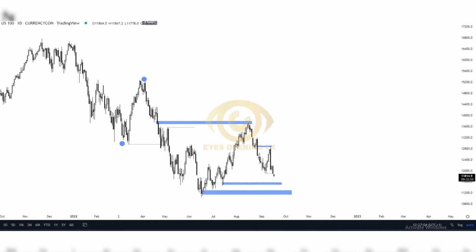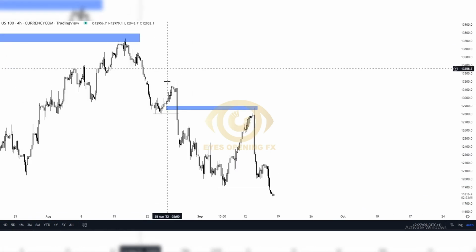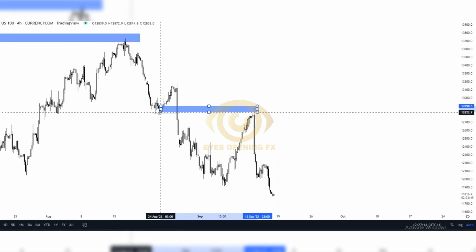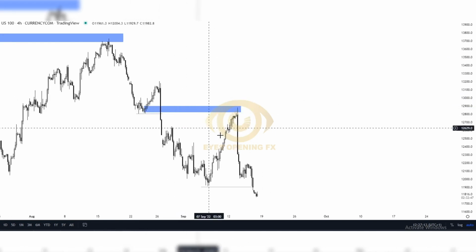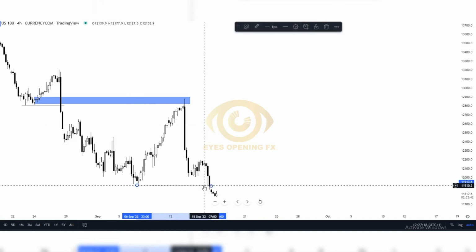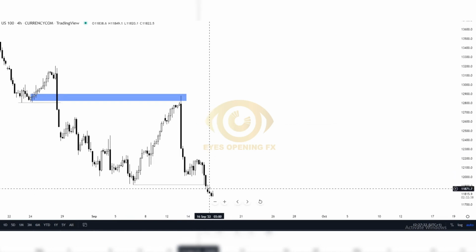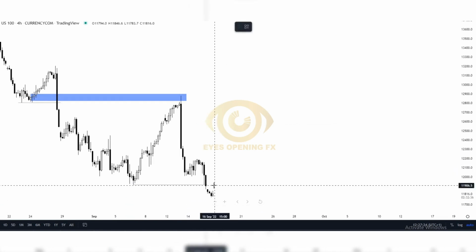Going to the 4 hours time frame, we see what the market actually did right here. This is the area the market used in selling. Since we have gotten a break of structure to the downside from this previously right here, we expect the market to form a range structure around this area.